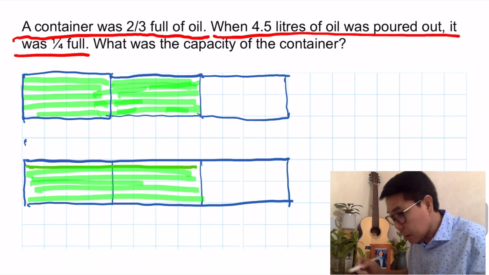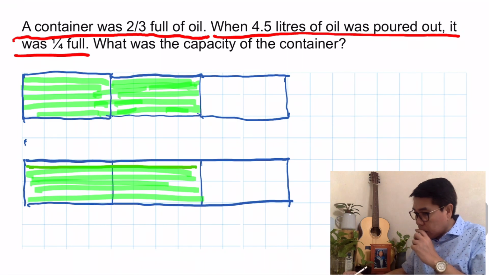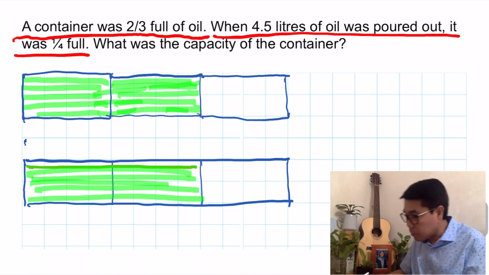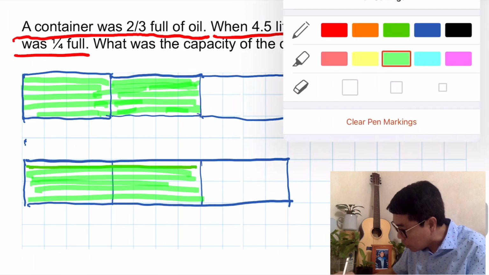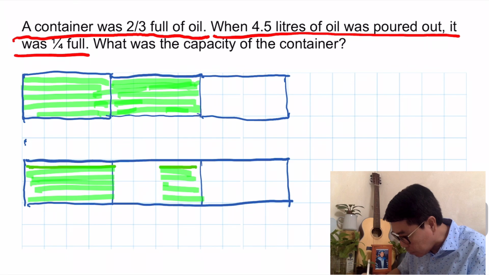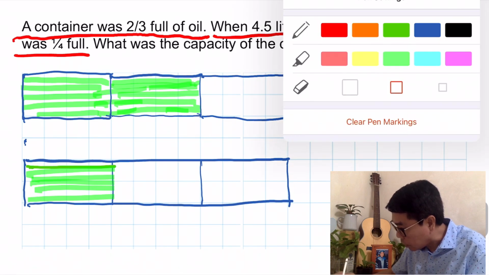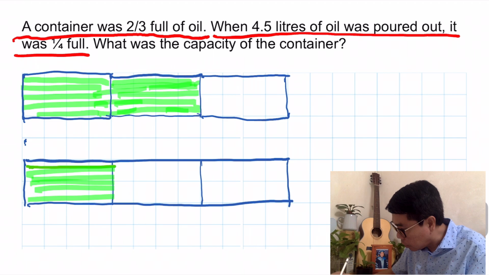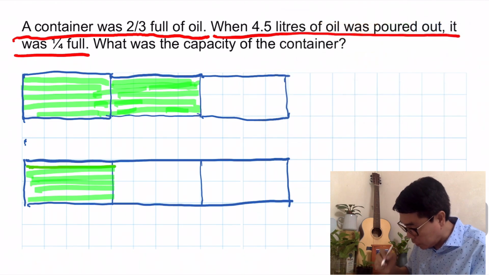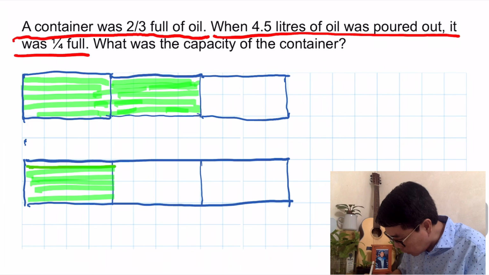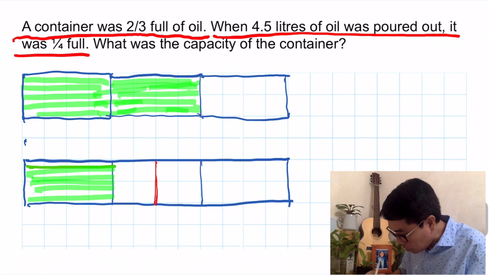When 4.5 liters of oil was poured out, it is a quarter full. A quarter full means we need to show a quarter here, so I must erase some of this. I will cut this one into a quarter. To get a quarter, I need to cut this another way.